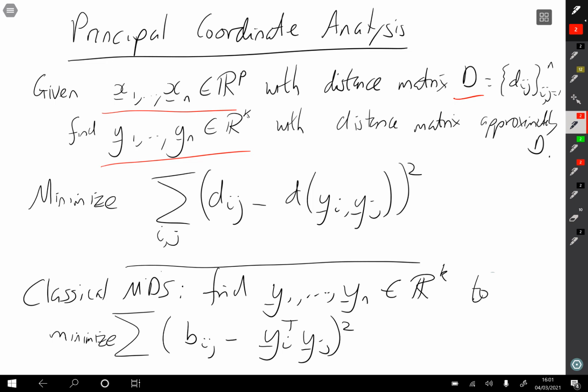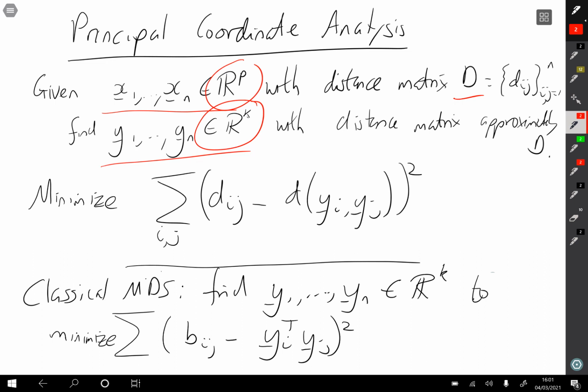Suppose we've got a bunch of data points x1 to xn with distance matrix D, and the x's are in some high dimensional space Rp. Then can we find a set of vectors y1 to yn in a lower dimensional space Rk that have a distance matrix approximately equal to D? Or more generally, we can express this as an optimization problem.